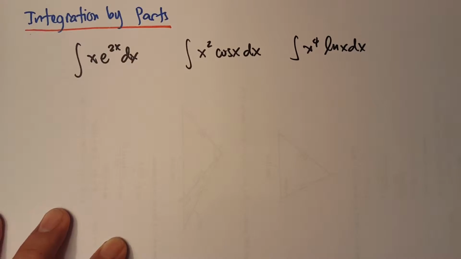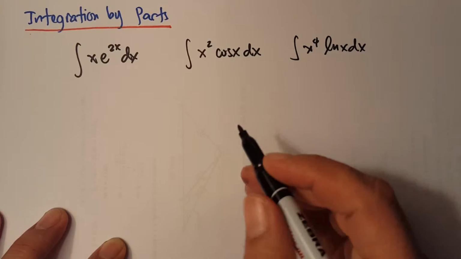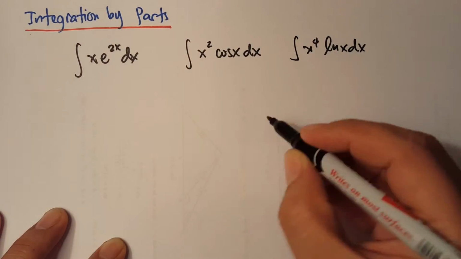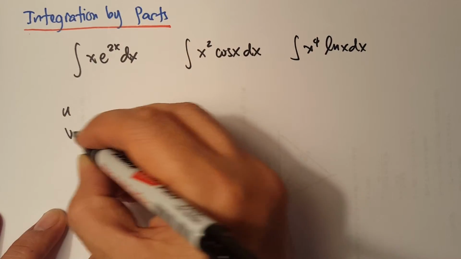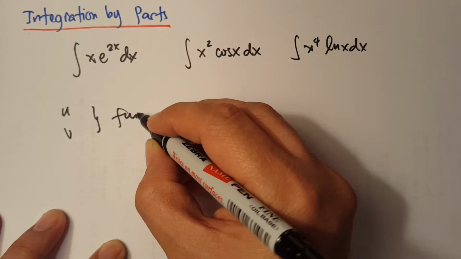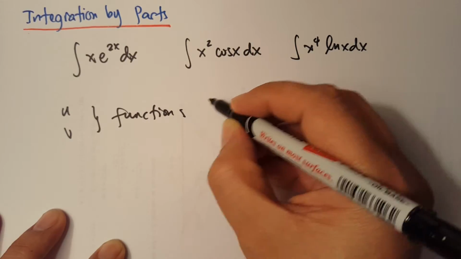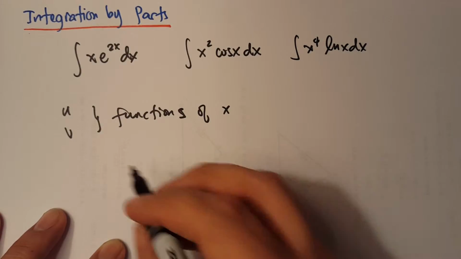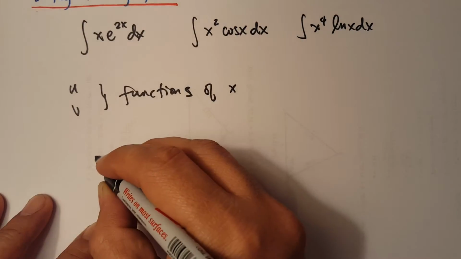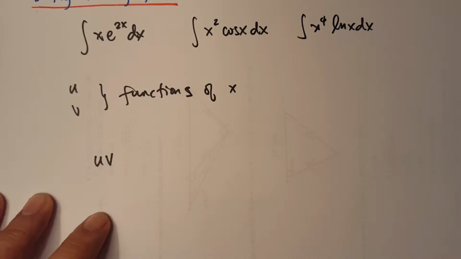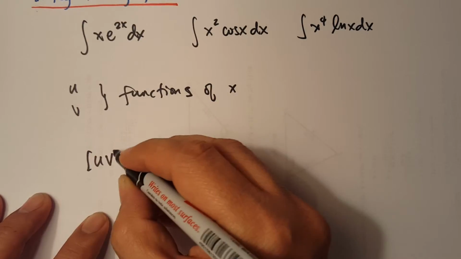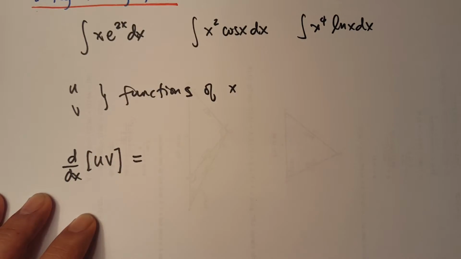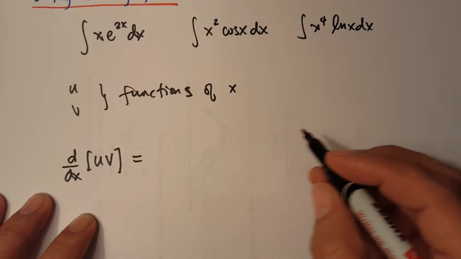So what is integration by parts? Integration by parts is based on the formula for the derivative of a product. So if we have u and v, both of which are functions of x, and we take the product of u and v and want to find the derivative of that product, we apply the product rule.